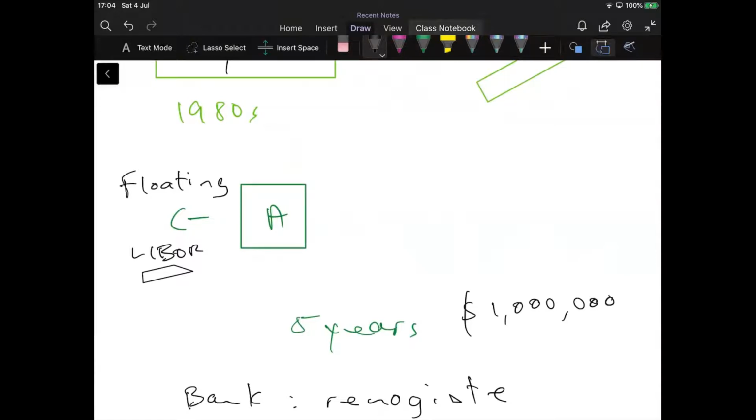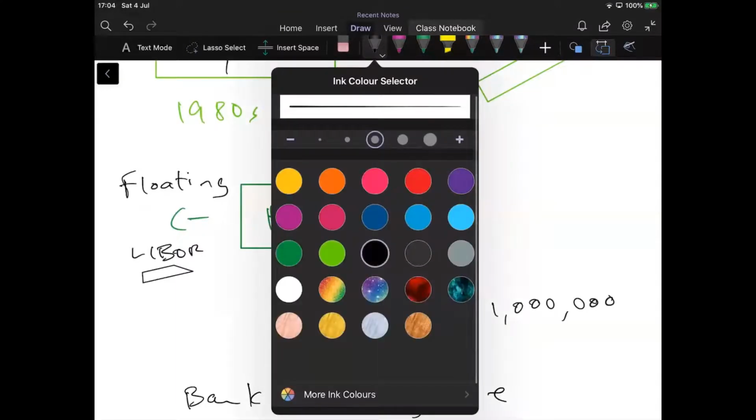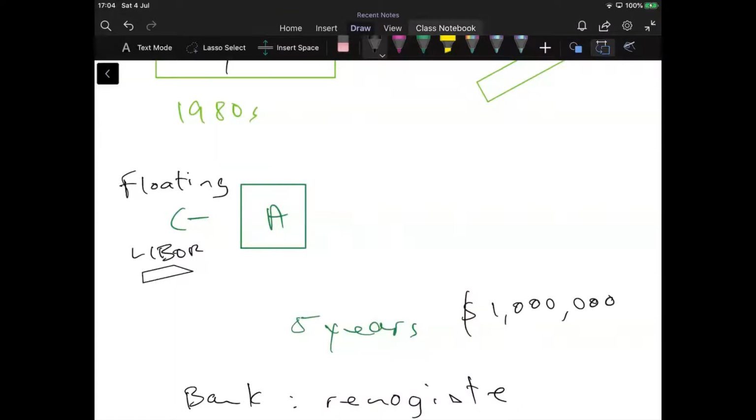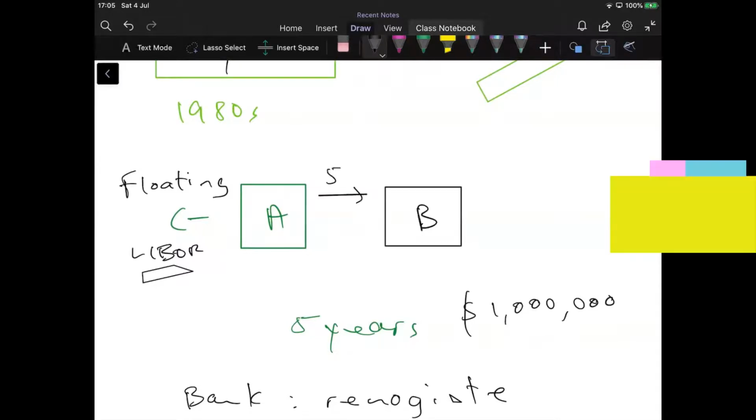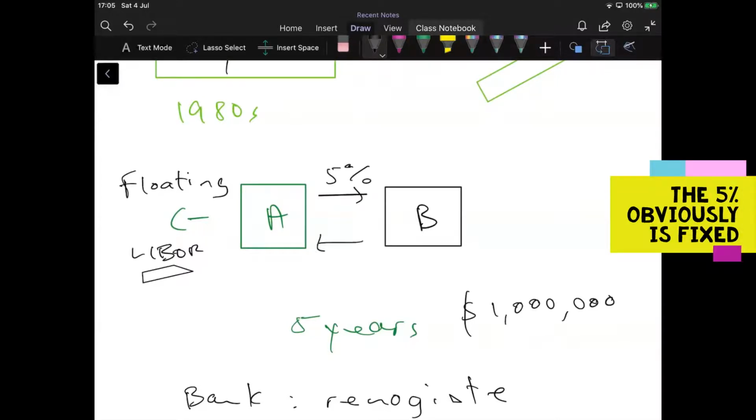You basically find a counterparty, B, and B agrees, look, we will accept 5%, and in return, we will pay you the LIBOR rate. Now, the effect of that, when we look at this approach here, what does this do if we can net out the payments?